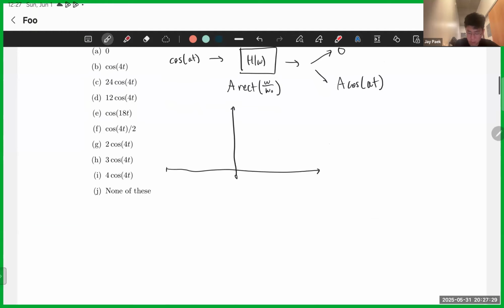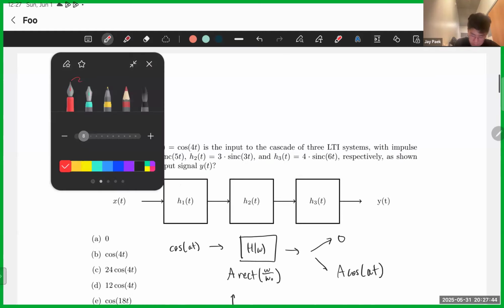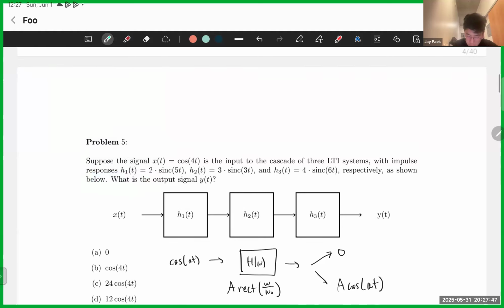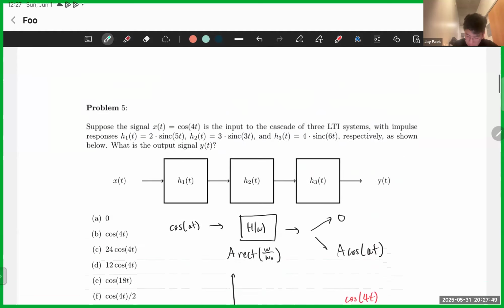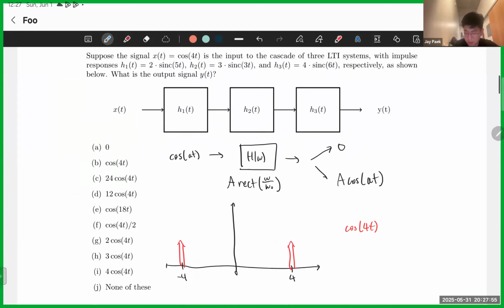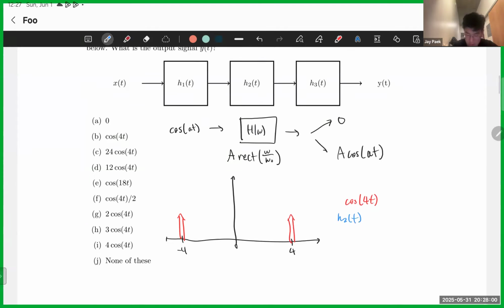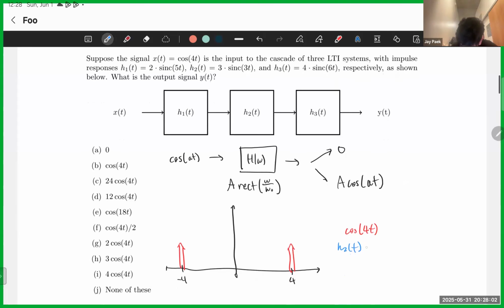My cosine of 4t, this means that my delta functions lie right here. And let's take a gander at the other ones. I will actually skip a lot of the work just by doing this. Examine h of 2t, which is, where is it?